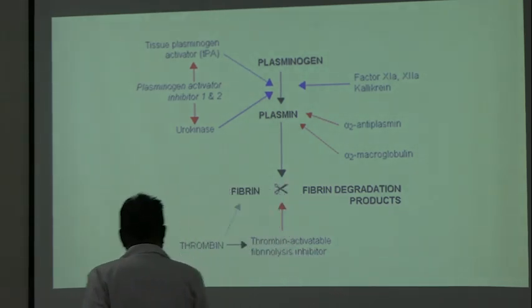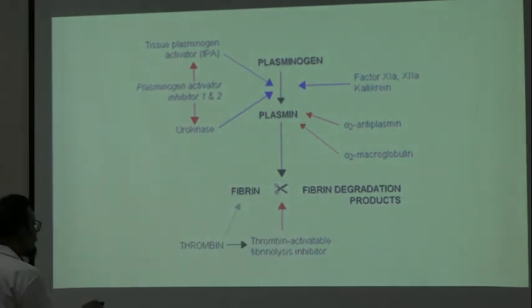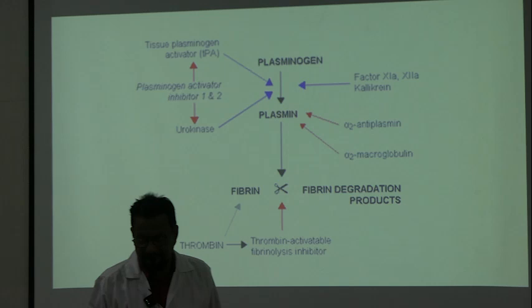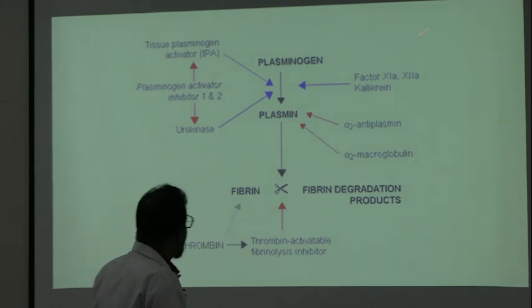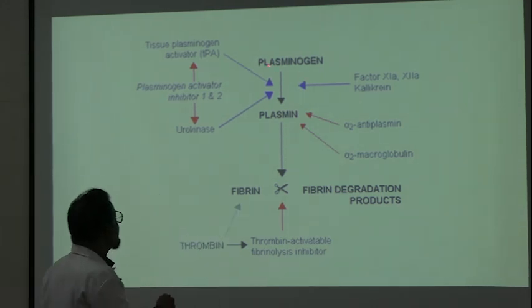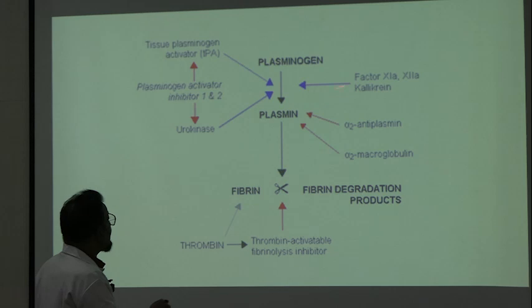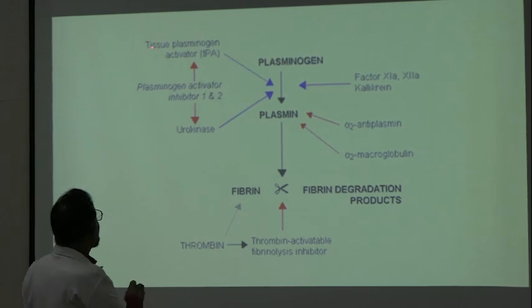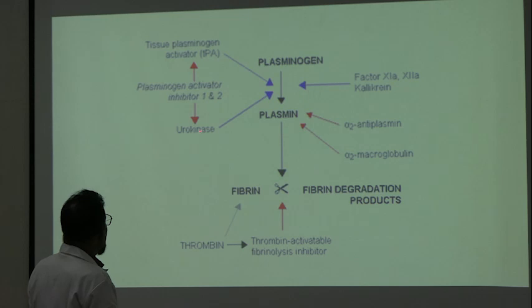Okay. So the fibrin is cut into fibrin degraded products. Who did it? Plasmin. Plasmin normally remains inactive in blood, in plasma. This comes from plasminogen. So this is activated by tissue thromboplastin activator and urokinase.